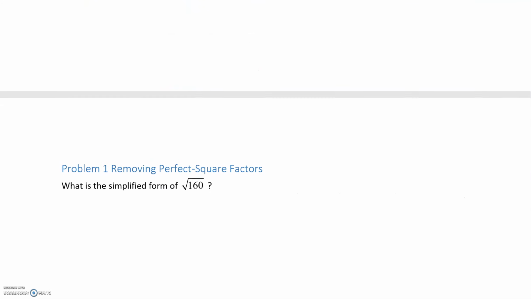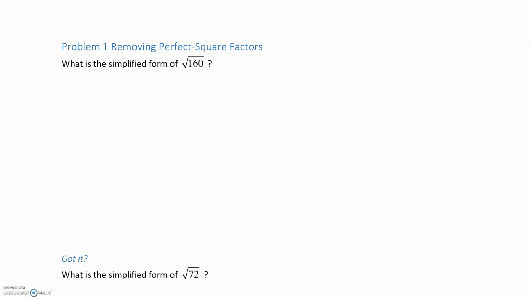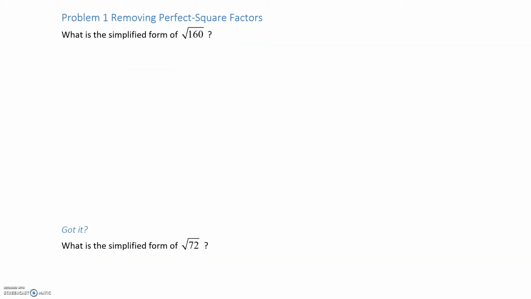So if we go to the first page, we want the simplified form of the square root of 160. We can factor this out altogether. I'm going to use a factor tree, which is just an easier way to look at it.